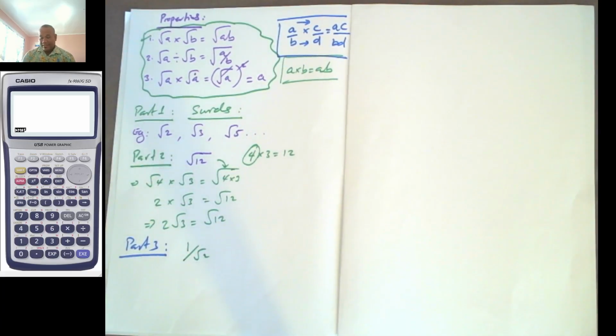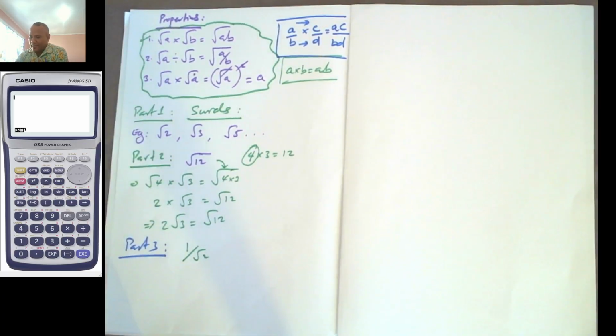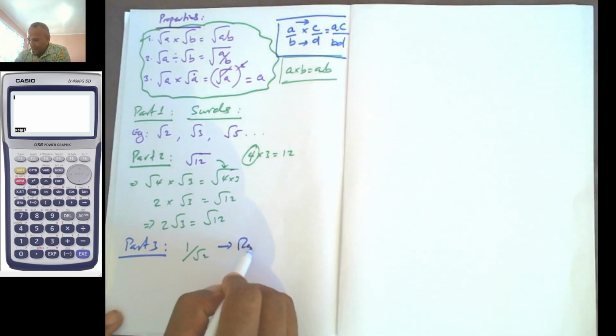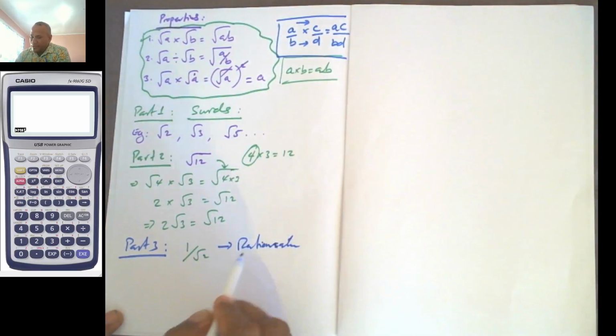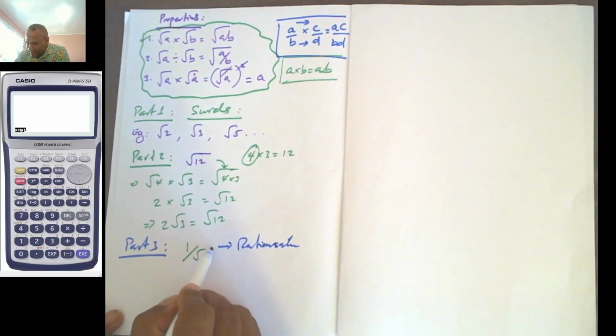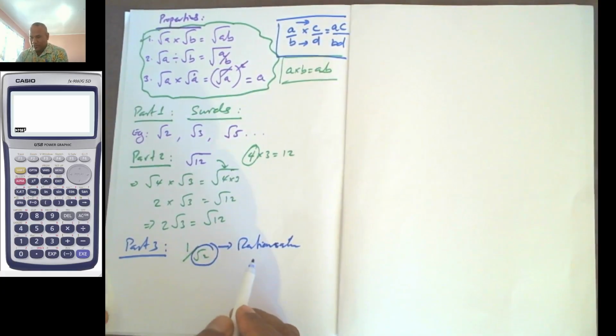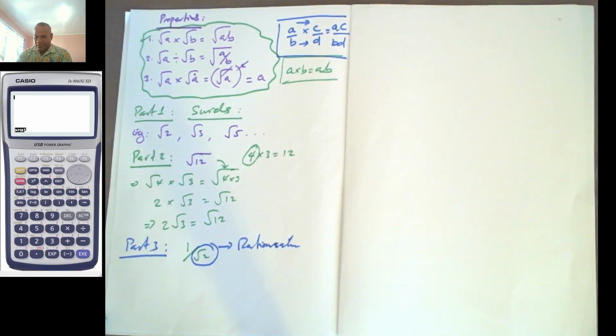Now how can we rationalize this? To rationalize is basically taking the square root out of the denominator. And how can we do that? We multiply by the square root. I want to take the square root out from here, so I'll do this.